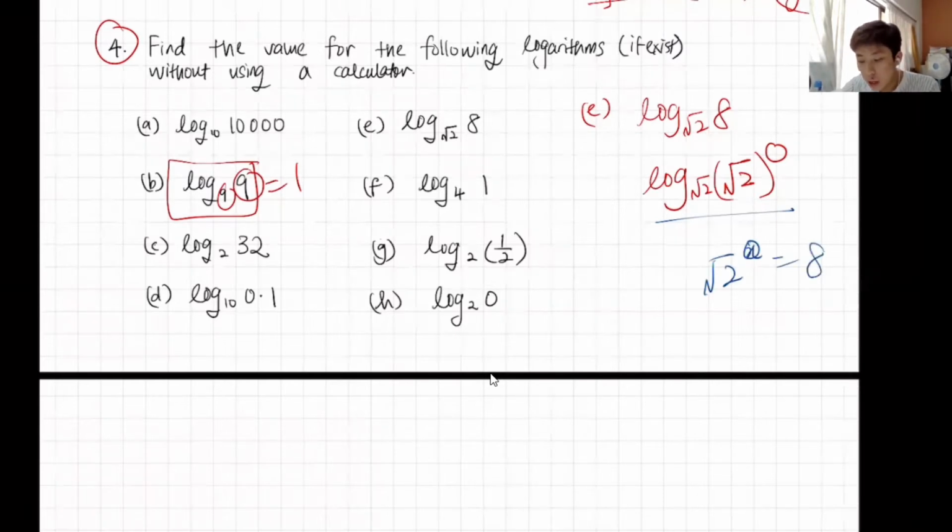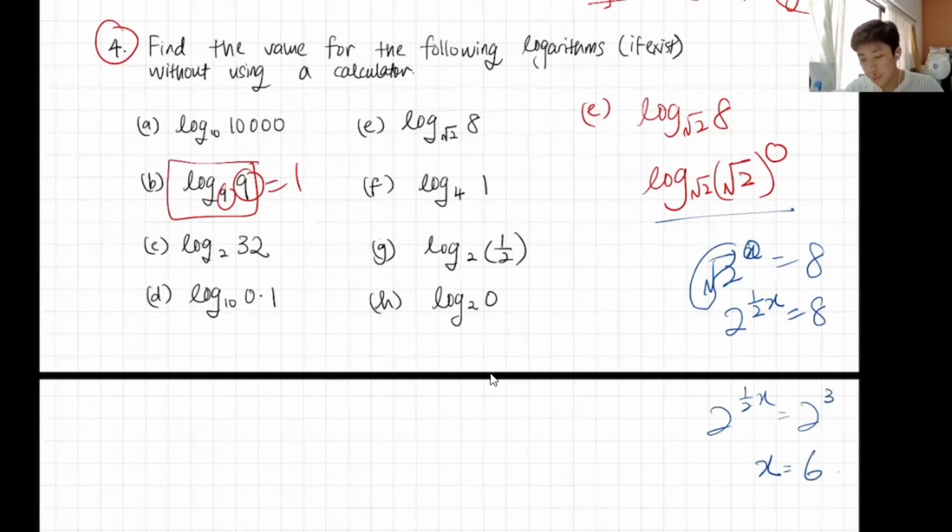Once you let it be x, and you know that square root has a power of half, so you have 2 to the power of half x equals 8. What is x? You know that 8 is actually 2 to the power of 3. So you have 2 to the power of half x equals 2 to the power of 3. So you know that x is equal to 6.